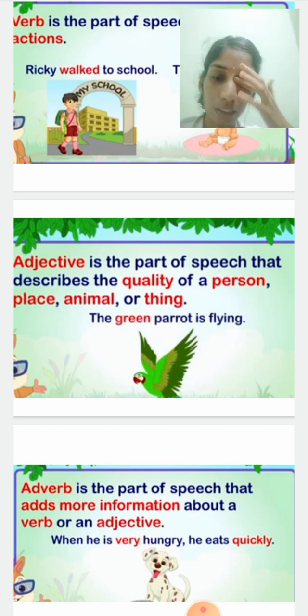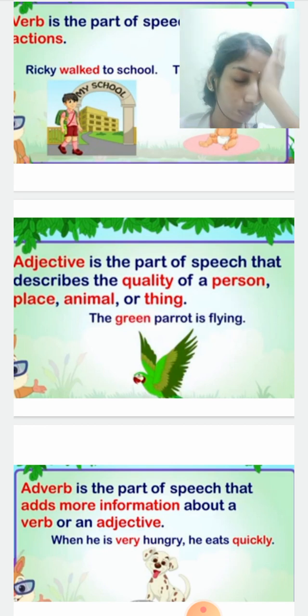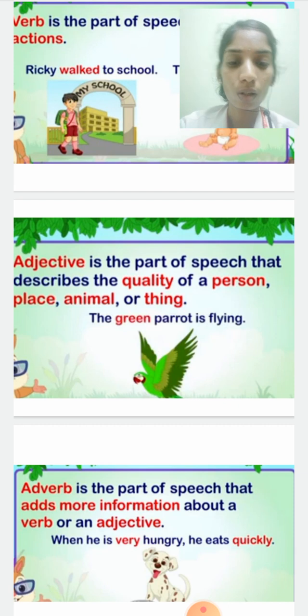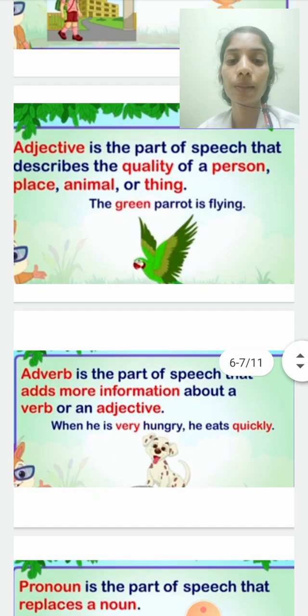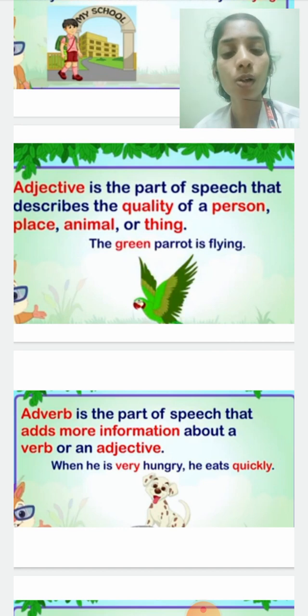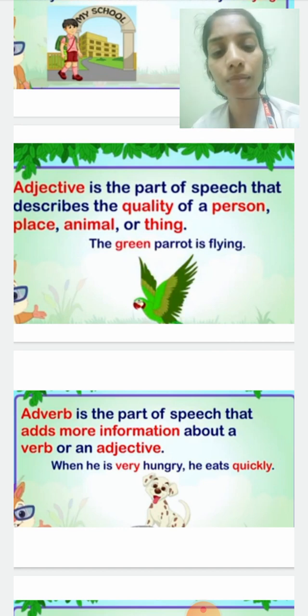Green is the adjective here. It represents the quality of a person, place, animal or thing, whatever it may be. It not only describes a bird, it also refers to a place, animal or thing.